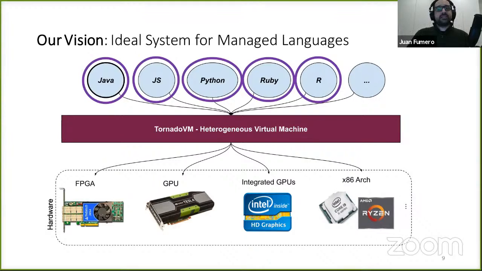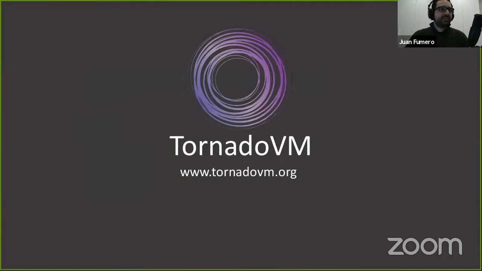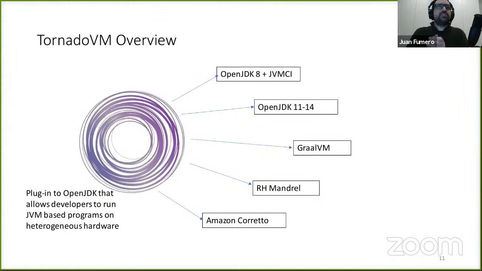Okay, with this, let's go to some internal details. Let's dig into the TornadoVM project. In a nutshell, TornadoVM, as I said at the beginning, is a plugin to OpenJDK that allows Java developers to use heterogeneous hardware, GPUs, FPGAs, and multi-core, and also perform task migration.